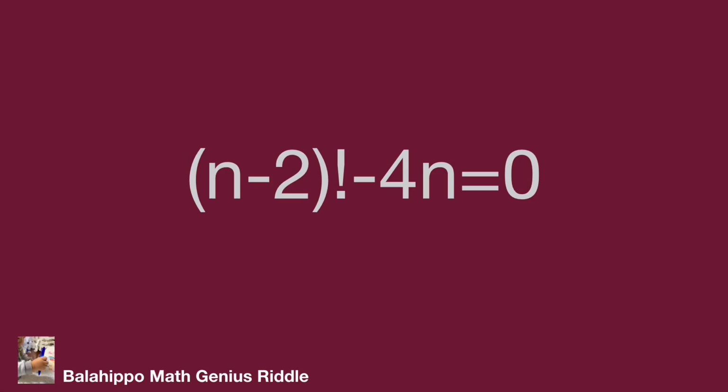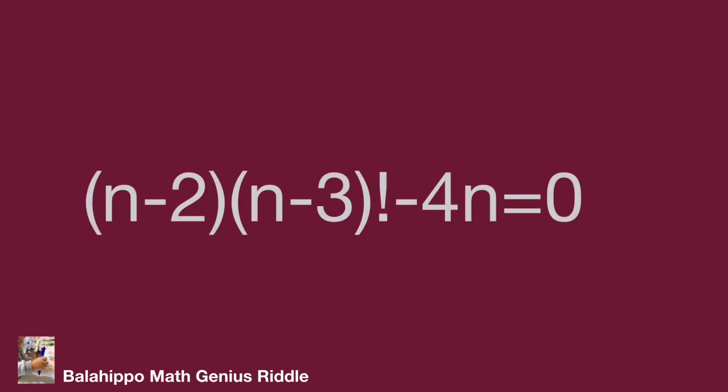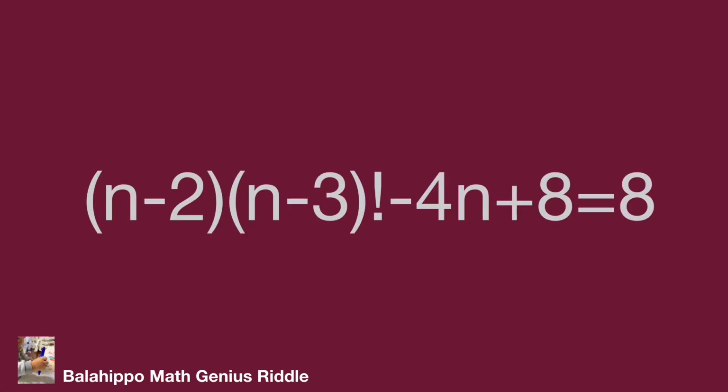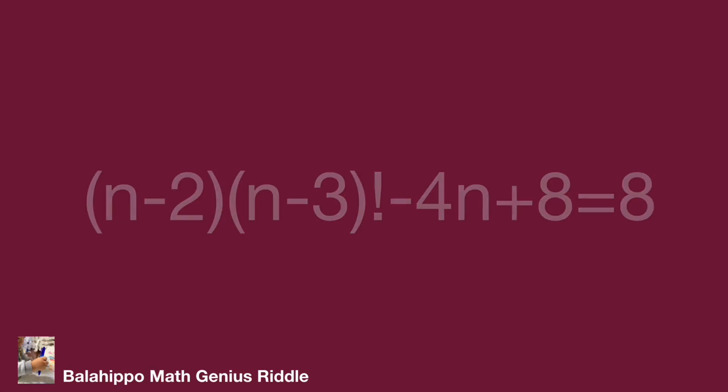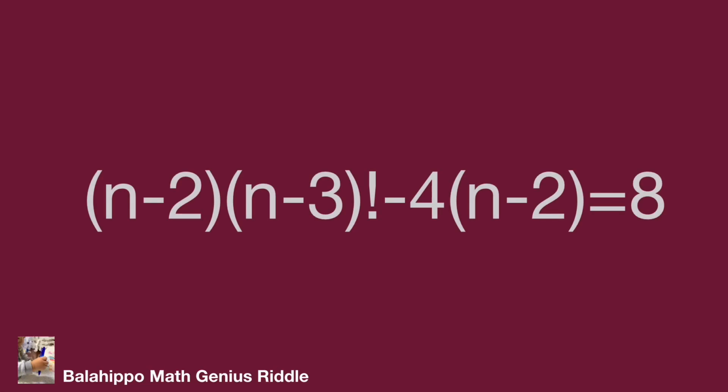(n−2)! equals (n−2) multiplied by (n−3)!. After that, I'm going to generate the factor n−2, so add 8 to both sides of the equation. It becomes (n−2) multiplied by (n−3)! minus 4 times (n−2) equals 8.